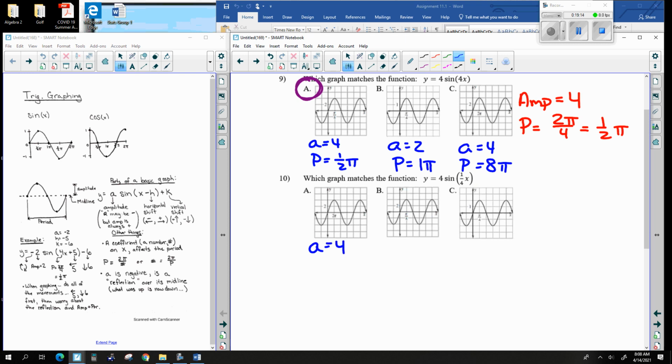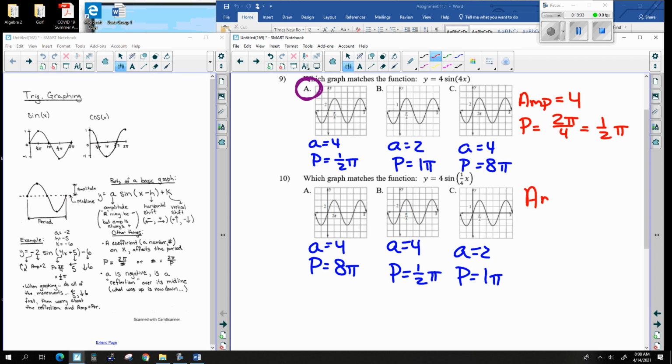Okay, amplitude of 4, period of 2, 4, 6, 8. Amplitude of 4, period of 1, 2, 3, 4, so 4/8. Amplitude of 2, period of 1, 2, 3, 4, 4/4.